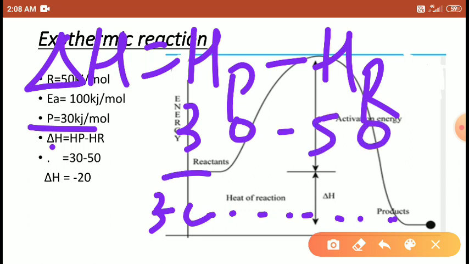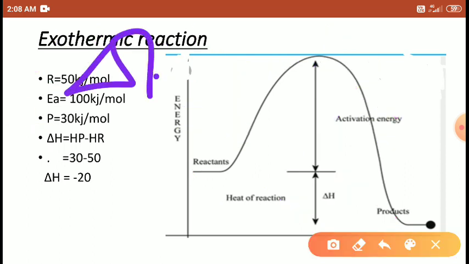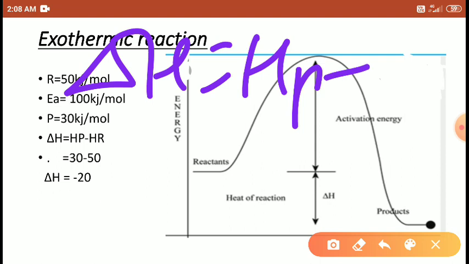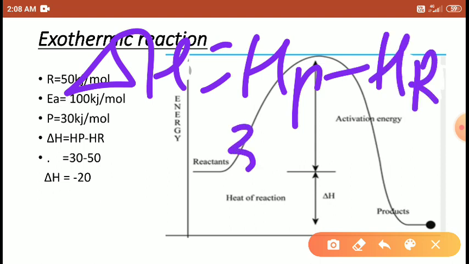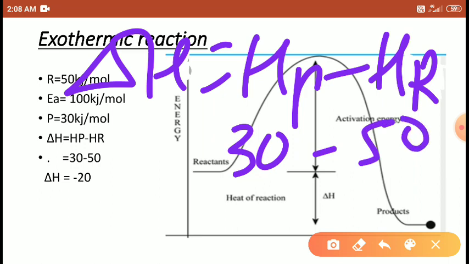So delta H is minus 20. Delta H is equal to HP minus HR, which is 30 minus 50, finally minus 20.